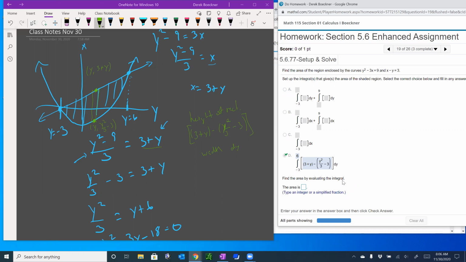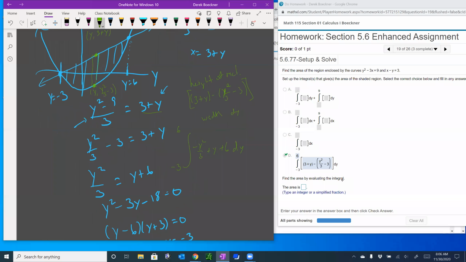Okay, so let's actually integrate that. And I can put this stuff together a little bit. So I've got a minus y squared over 3, plus y, and then plus 6 dy after I combine those. So this is going to equal, well, I take the antiderivative of that, and I get minus y cubed over 9 plus y squared over 2 plus 6y evaluated at -3 and 6.